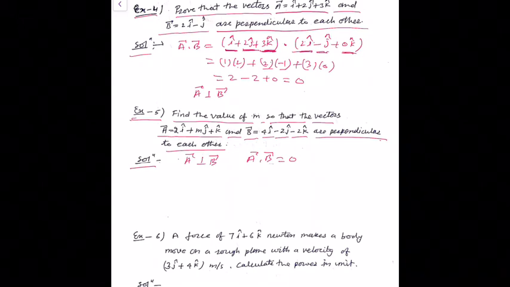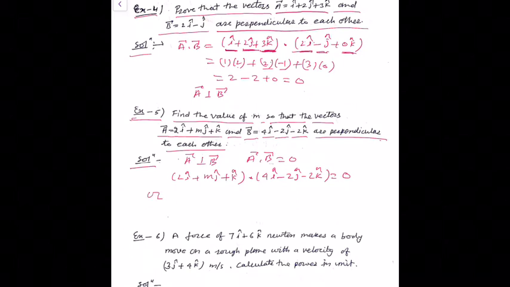So put the value of a vector and b vector: 2i cap plus m j cap plus k cap dot 4i cap minus 2j cap minus 2k cap is equal to 0.